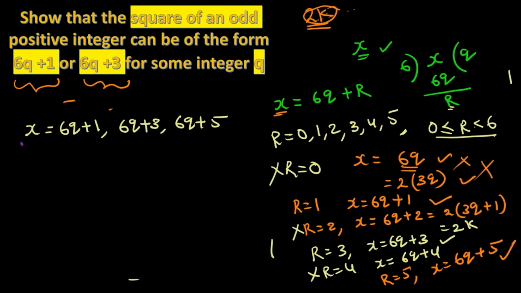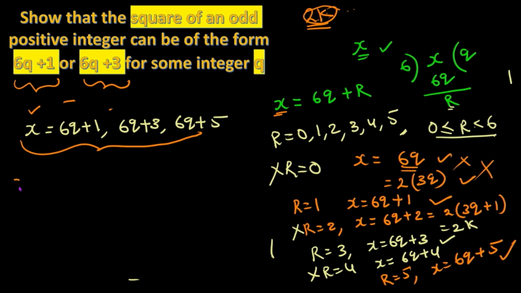So only these 3 options are there. So any odd number can be expressed in the form of 6q plus 1, 6q plus 3 and 6q plus 5. But we need to prove that the square of this odd number we can write in the form of only 6q plus 1 and 6q plus 3. Now all the 3 terms we will square and we'll see.